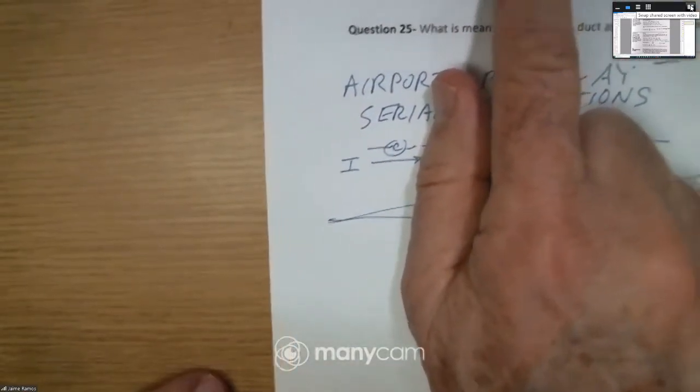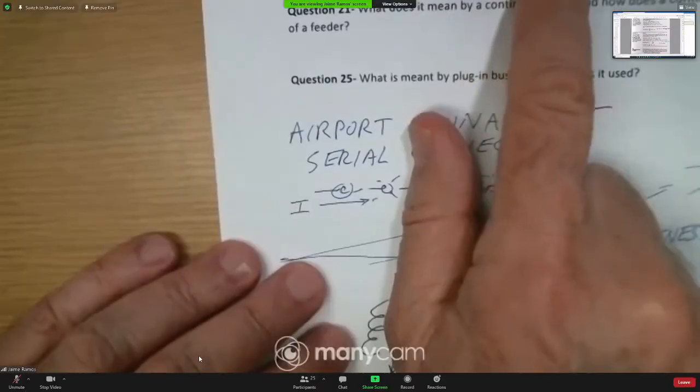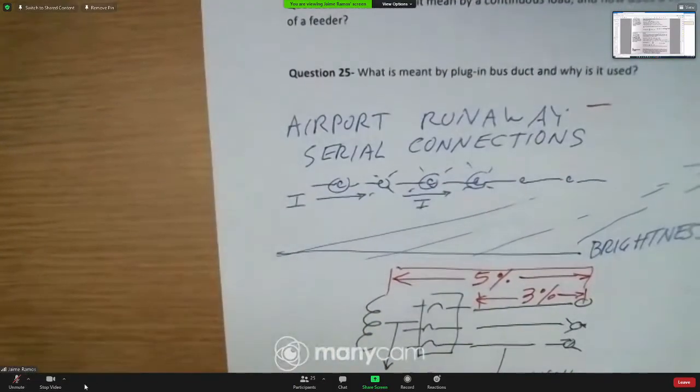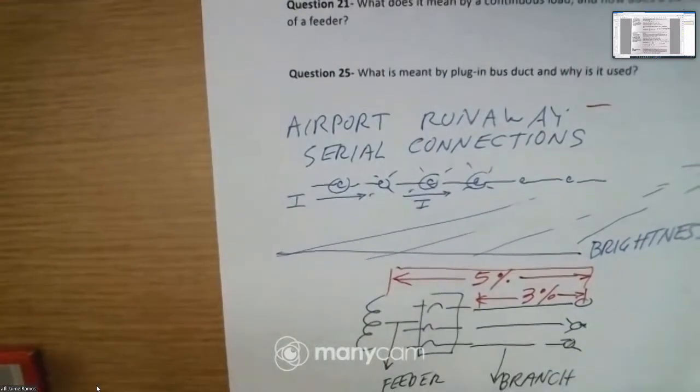Then there are questions regarding the conductor types, RHW, THW. So let me tell you where this is at.